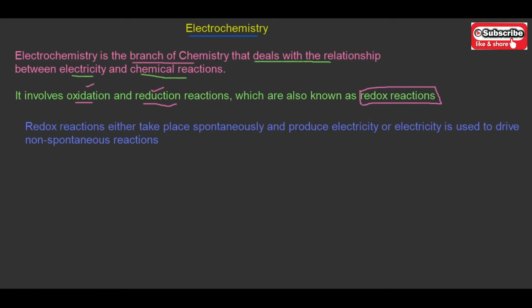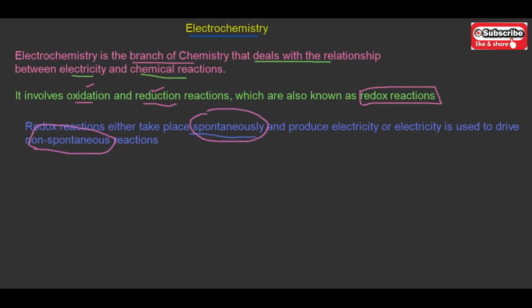Now this redox reaction can either take place spontaneously, or electricity may be used to drive a non-spontaneous reaction. So basically we have two types of reaction. One is known as spontaneous reaction and the second one is non-spontaneous reaction.